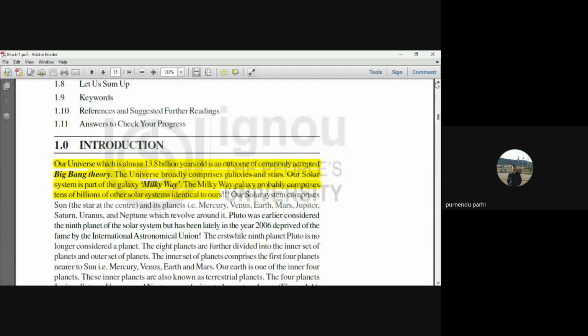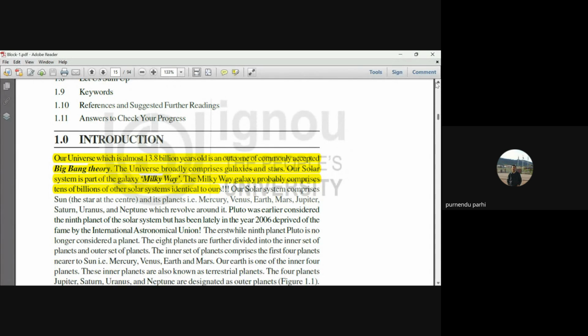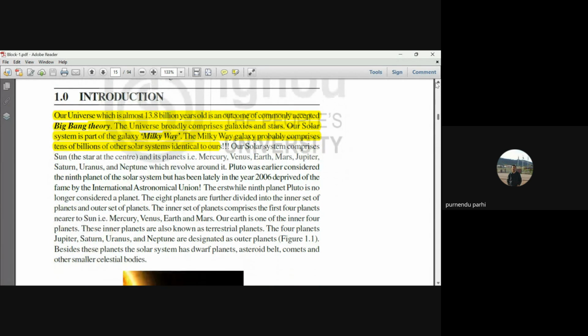Pluto was previously considered a planet, but later it was classified as a dwarf planet, so it is not now considered a planet. So there are 8 planets, differentiated into two types: inner planets and outer planets.